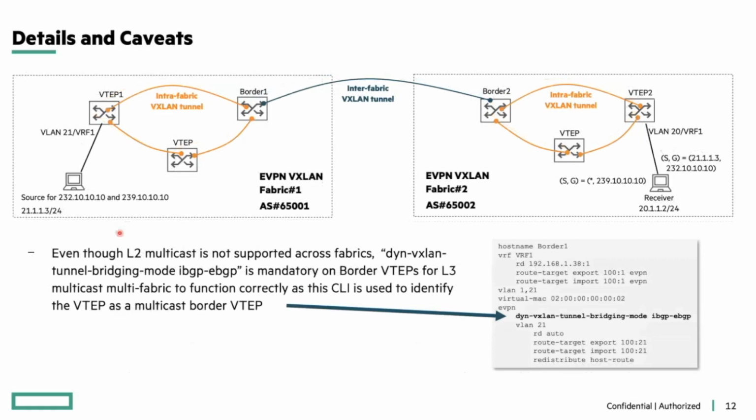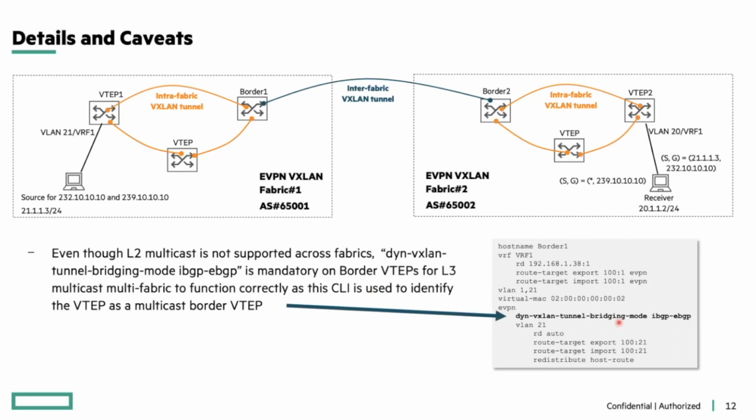Other caveats to be aware of. This command, dynamic VXLAN, tunnel bridging mode, iBGP, eBGP, is typically used for layer 2 bridging traffic between the different fabrics. But since we do not support L2 between the fabrics, this command is used to identify a device as a border.